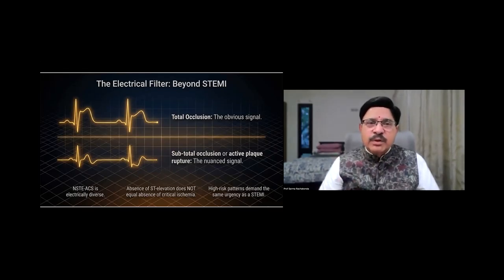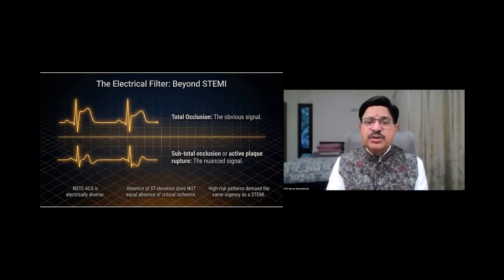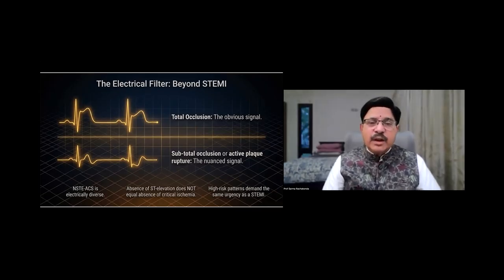Now I come to the electrical filter. Total occlusion: beautiful, elevated, coving, upsloping ST segment, the obvious signal, the signature of myocardial infarction or acute coronary syndrome, the signature change. It may not be there in all the patients.